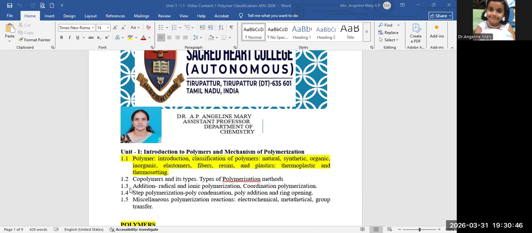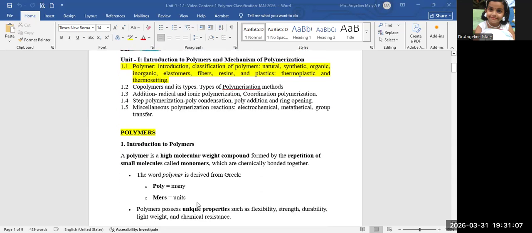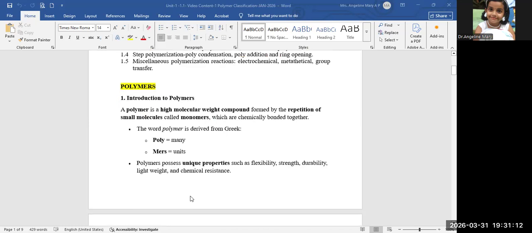Under 1.3, addition, radical and ionic polymerization, coordination polymerization, step polymerization, polycondensation, polyaddition, and ring opening. Under 1.5, miscellaneous polymerization reactions: electrochemical, metathetical, group transfer. Among these 5 divisions, we are going to learn about the first division, introduction of polymers.